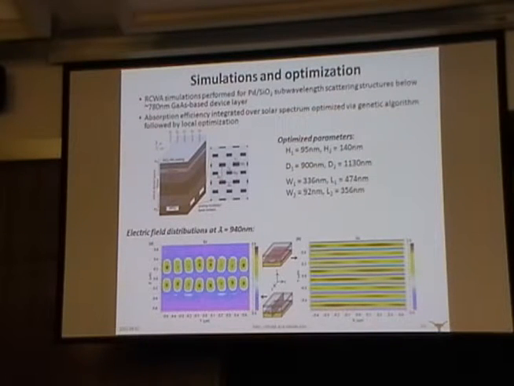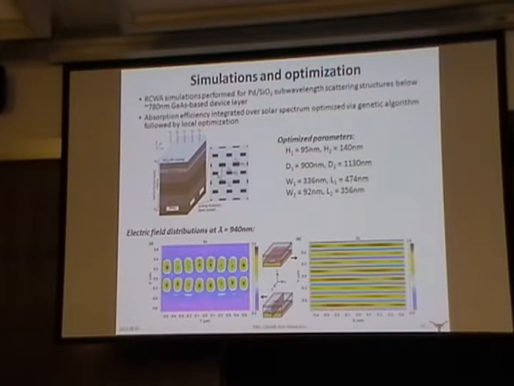In this case, it's about 3/4 of a micron thick. And you have metal and dielectric scattering structures on the backside along with an anti-reflection coating on top. All right, in this case, it's palladium, I know it's hard to see, and silicon dioxide. And you vary the dimensions of these structures here until you maximize the absorption and therefore the expected photocurrent response.